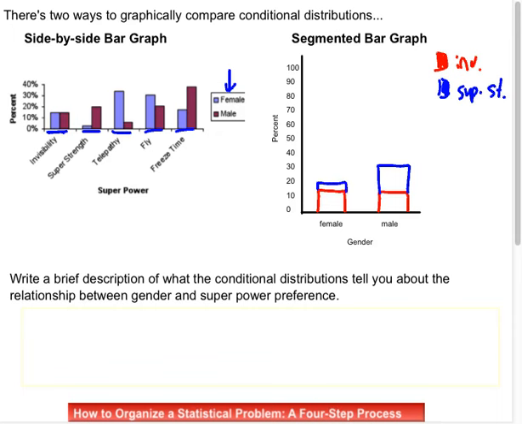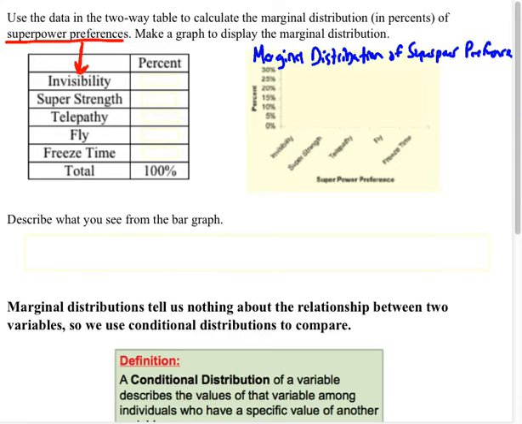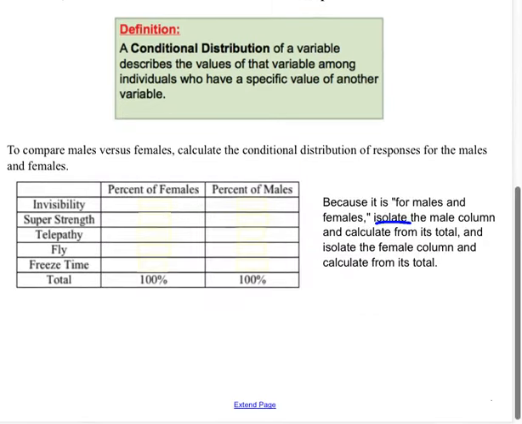So with a segmented bar graph, you're stacking vertically all the different things, so you can see how they compare side by side. Let's look at telepathy. So 34% versus 6%.